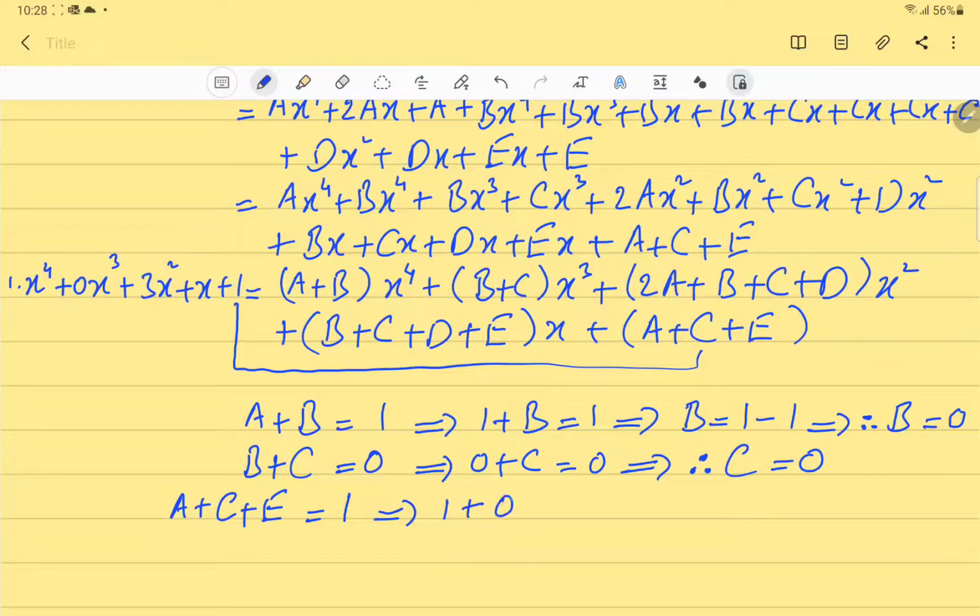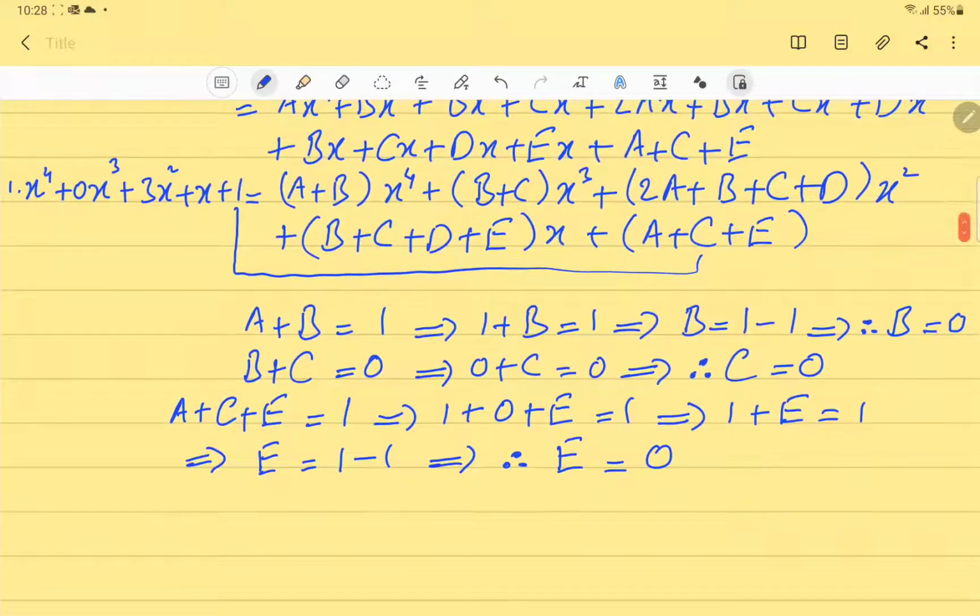The value of c is 0. So 1 plus e is equal to 1. So e is equal to 1 minus 1, which means e is equal to 0.